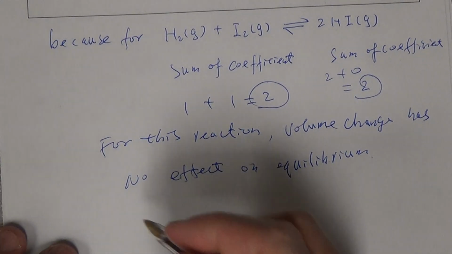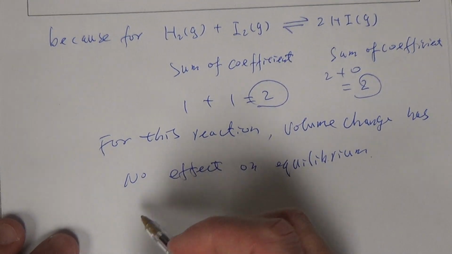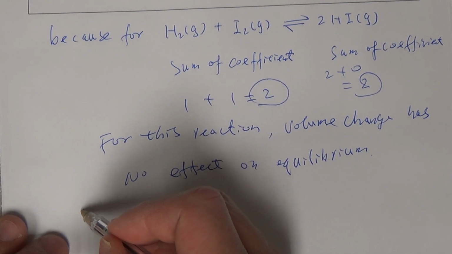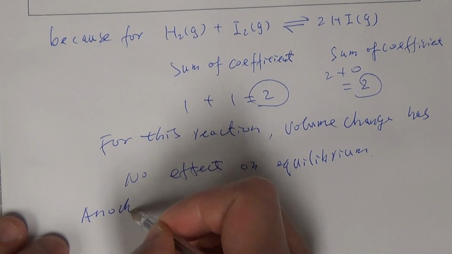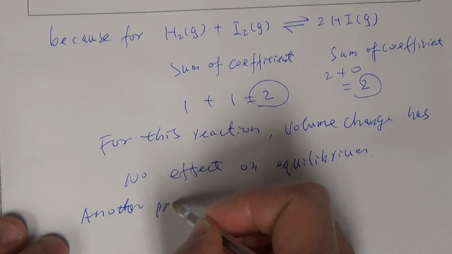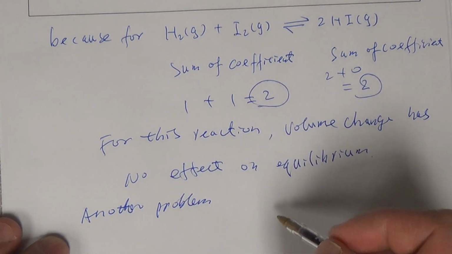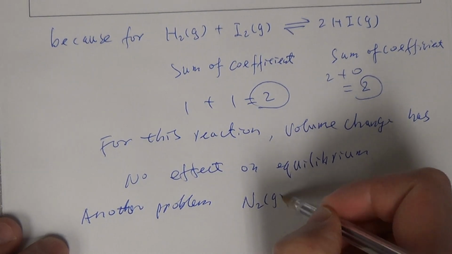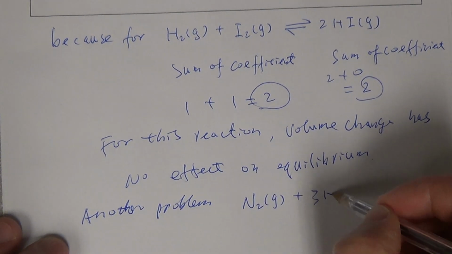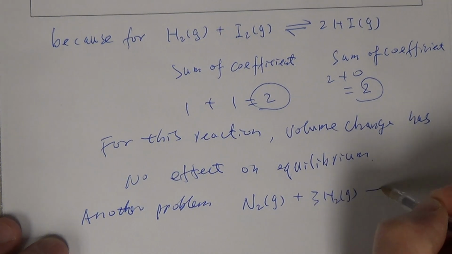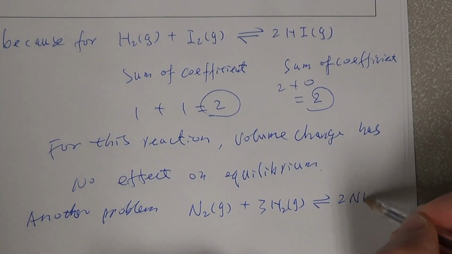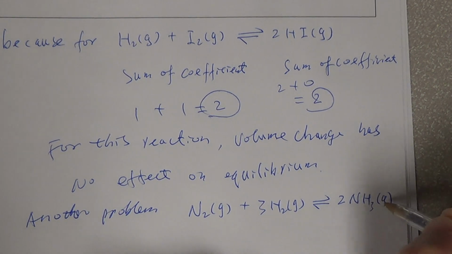Okay, let's see one example that has no effect. Okay, so if I give the Haber process, let's see another problem or example, the Haber process. So we have N2 gas plus 3 H2 gas produce 2 NH3 gas.